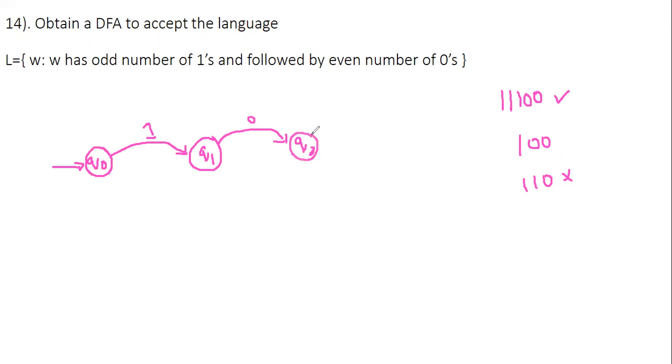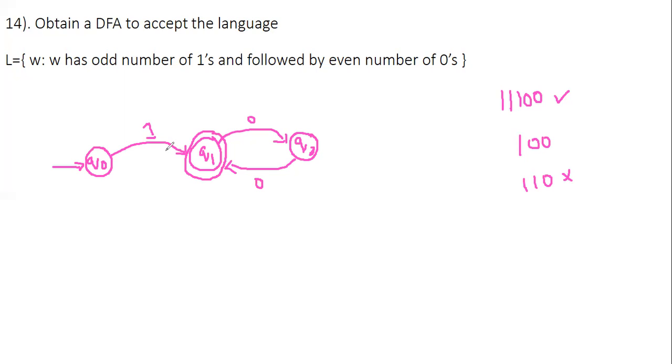Okay. So now the question is, which should be made as a final state? Actually, Q1 should be made as a final state. Observe it carefully. Why? Because when you are finding odd number of zeros, even number of zeros, odd number of zeros, even number of zeros, then it will be accepted. Now here in case of 1, observe it.